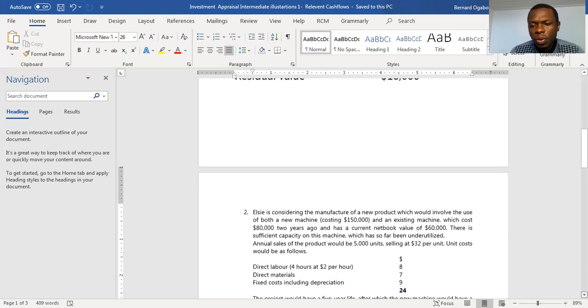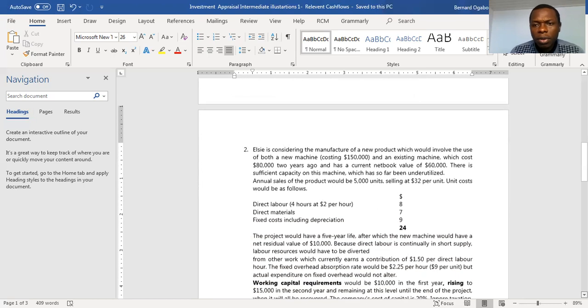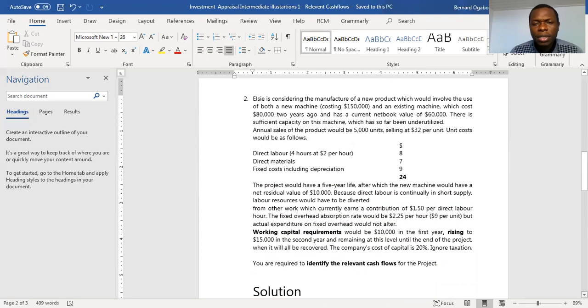And then to the next question that we're going to spend a little bit more time explaining. We have Else considering the manufacture of a new product, which would involve the use of both a new machine costing $150,000 and an existing machine which cost $80,000 2 years ago and has a current net book value of $60,000.